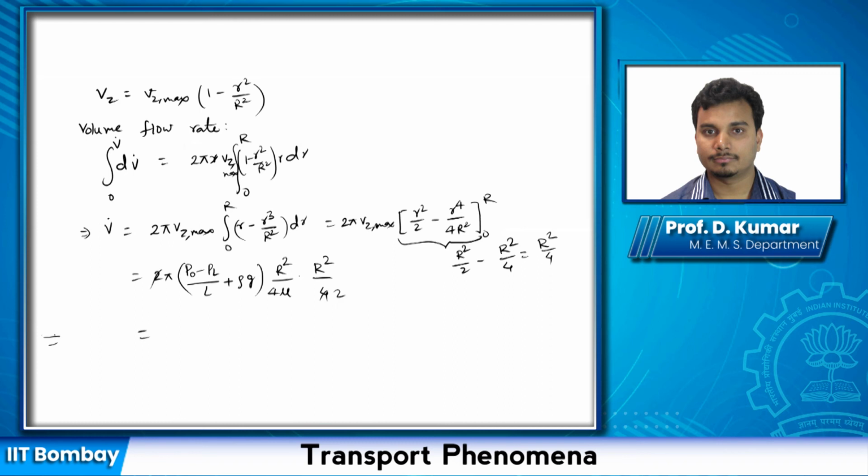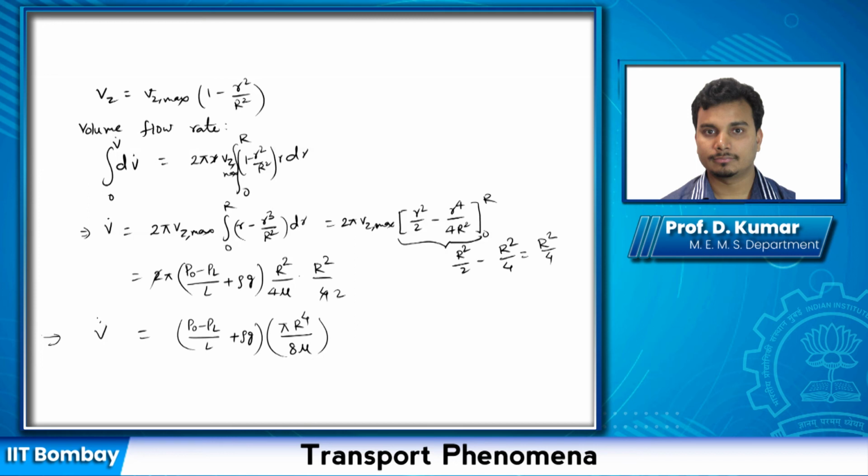so that gives you the volume flow rate is equal to pi times (P naught minus PL) by L plus rho g, times R to the fourth by 8 mu.